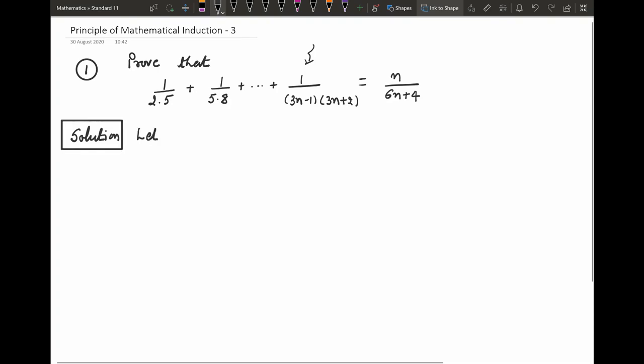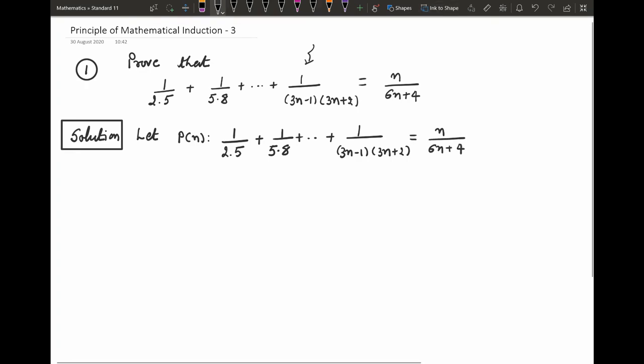So let P of n be 1 upon 2 into 5 plus 1 upon 5 into 8 and so on up to 1 upon (3n minus 1) (3n plus 2) equal to n upon 6n plus 4.